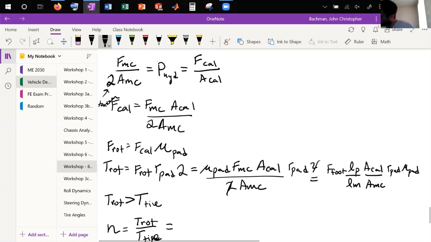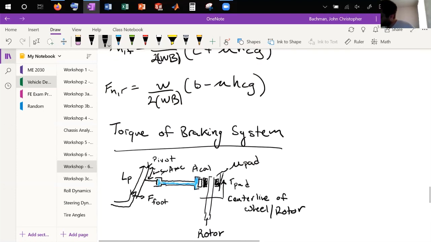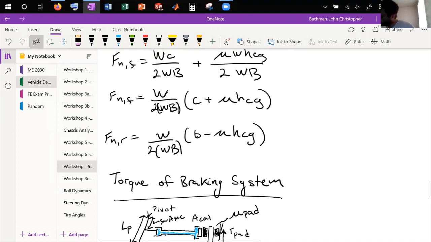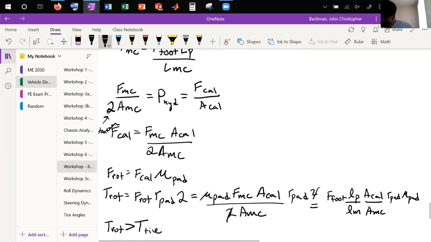If we go back and we get the torque on the tire, right? Let's do this case. So the torque that we need on the tire is going to be equal to force normal on the front, times mu of the tire times the radius of the tire, right? So we'll put this in here.